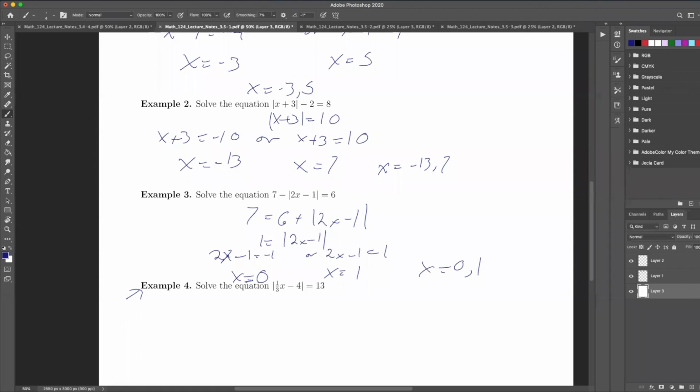Yeah, so let's go through it. So here, this is already written, so it's minus a third x minus 4 equals minus 13, or minus a third x minus 4 is equal to positive 13.